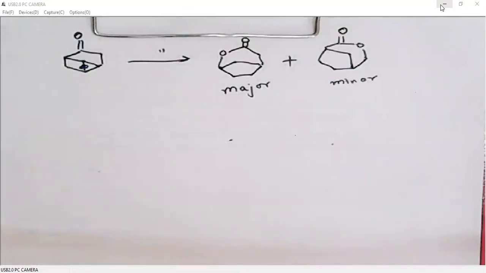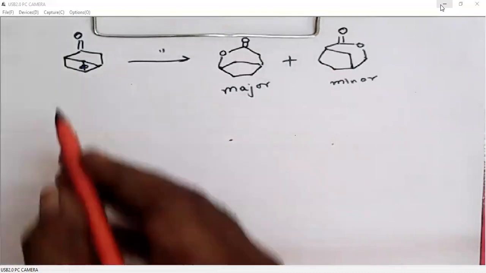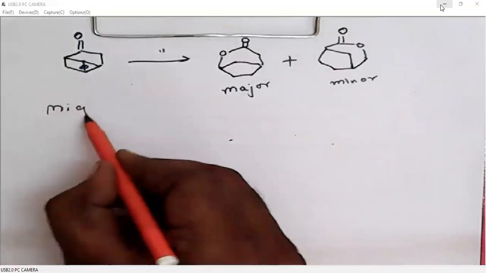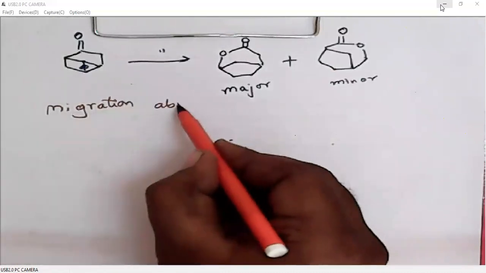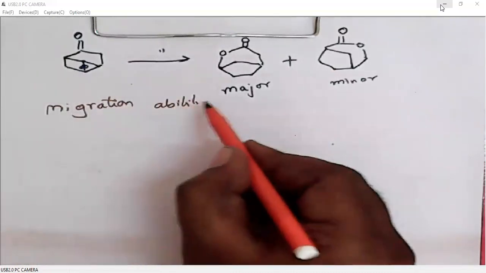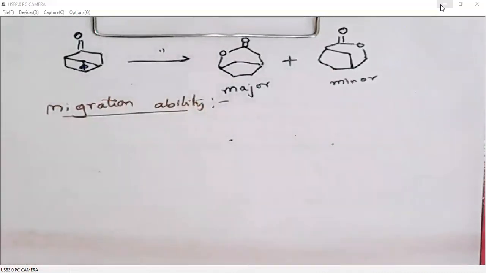So how do we say this alkyl group migrates when compared to this? It depends on migration ability. Generally, we can say electron rich carbons will migrate over electron poor carbons.